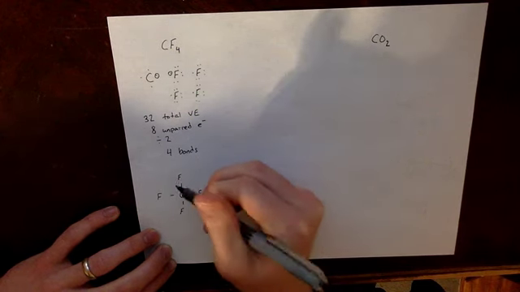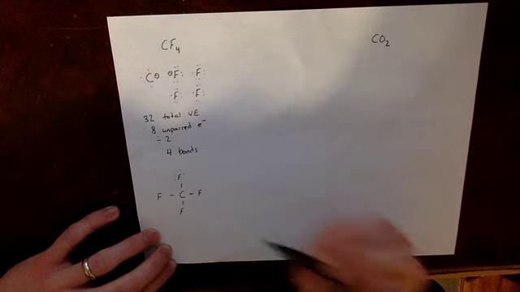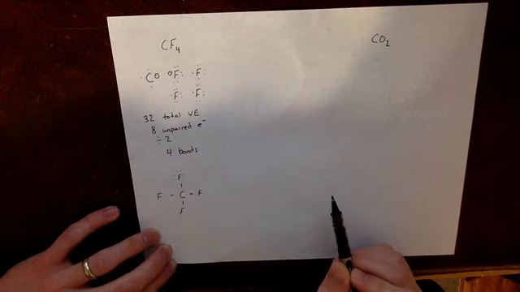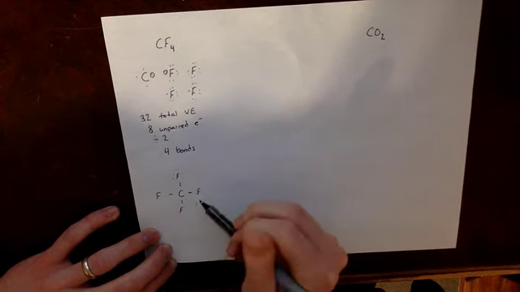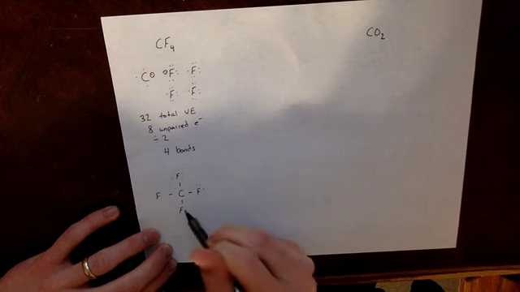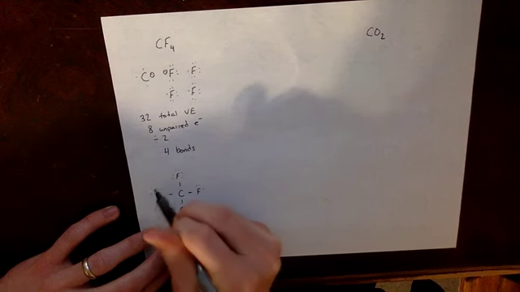This one's got 2, so let's give it number 3, 4, 5, 6, 7, and 8. You'll notice this fluorine has 6 unshared electrons, as each of the fluorines up here did. So we'll keep going around. This fluorine also needs 6 then, as does this one, and as does this one.